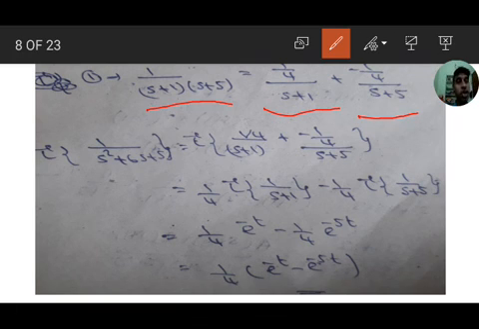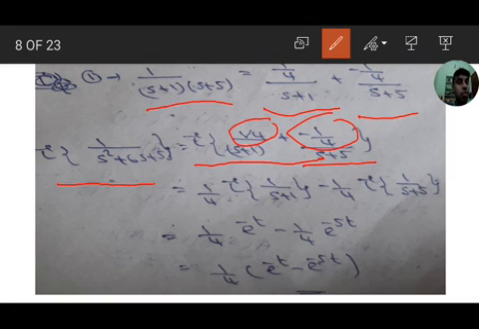Therefore, its inverse Laplace transform, L inverse of 1 by (s square plus 6s plus 5), equals this value. By linearity property, these constants are outside. So 1 by 4 into L inverse of 1 by (s plus 1), and minus 1 by 4 outside L inverse of 1 by (s plus 5).